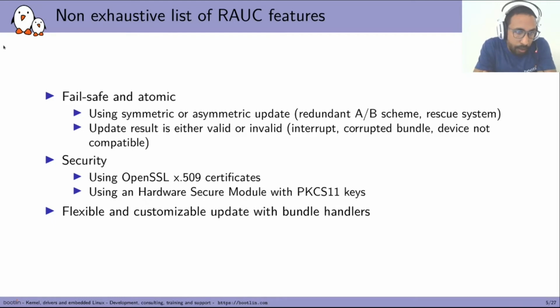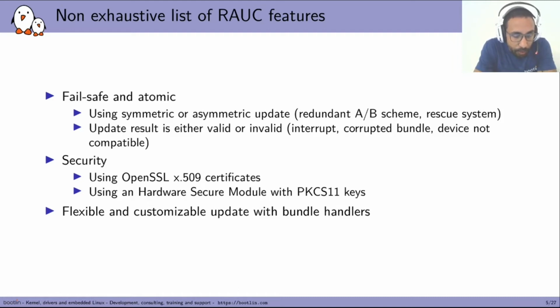So, some of the key features of RAUC you may look for. Atomicity is one of those. This typically means that when your update process starts, it will result in either a completely valid update or a completely invalid update, even if your update is being interrupted, or if the image that is being installed is corrupt, or if the target is not compatible with the image.